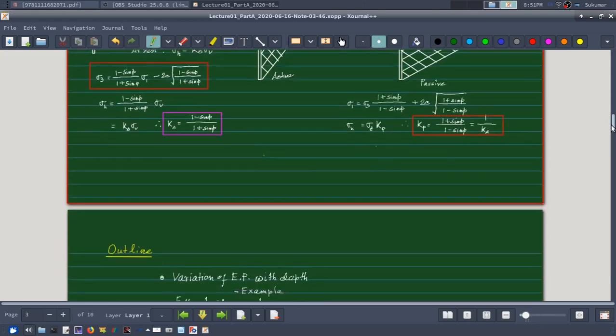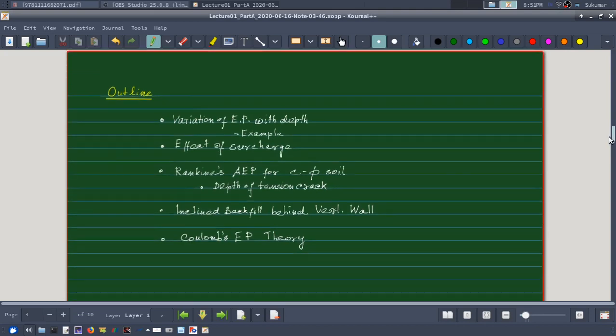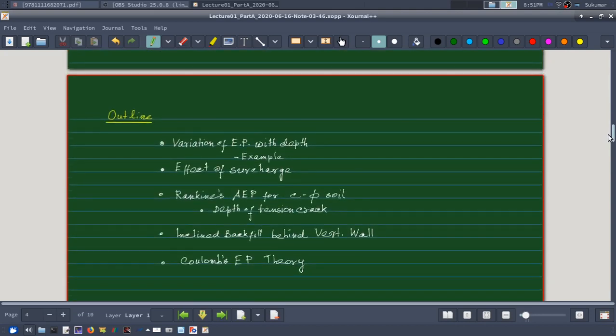Now in today's lecture we will study these things: how the earth pressure varies with depth, because earth pressure is a product of the earth pressure coefficient with the total vertical stress at any point.